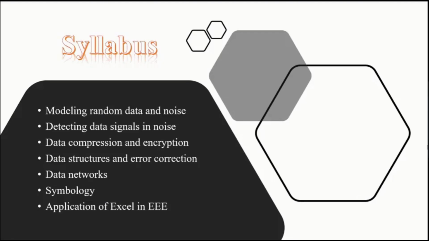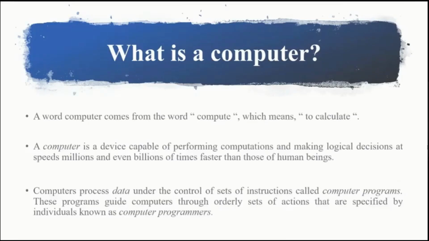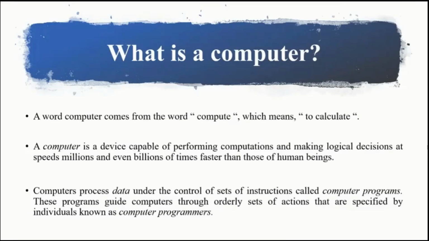And symbology, how the barcodes work. We will talk about that. At the end, if we have more time, I will talk about the application of Excel in electrical and electronics engineering.